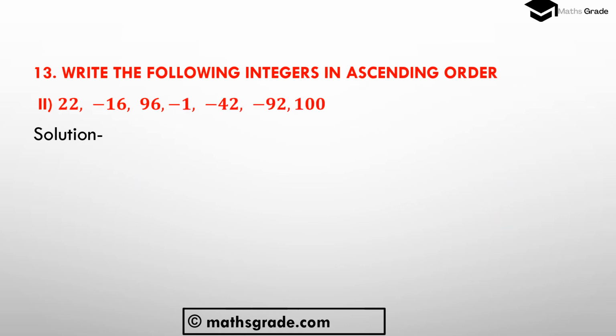Now question number 22, the integers are 22, minus 16, 96, minus 1, minus 42, minus 92, 100. Write the following integers in ascending order. When we arrange the integers in ascending order, that is smallest to the biggest integer, the bigger integer with negative sign is the smallest integer.